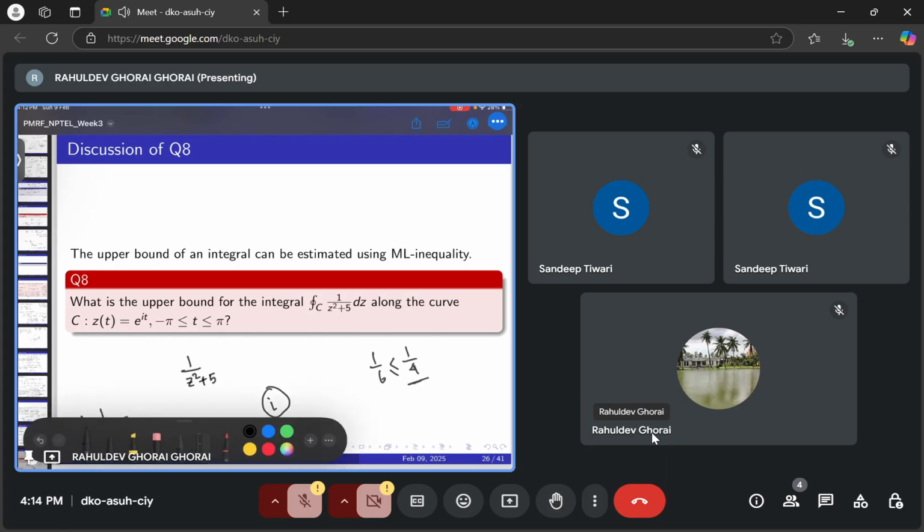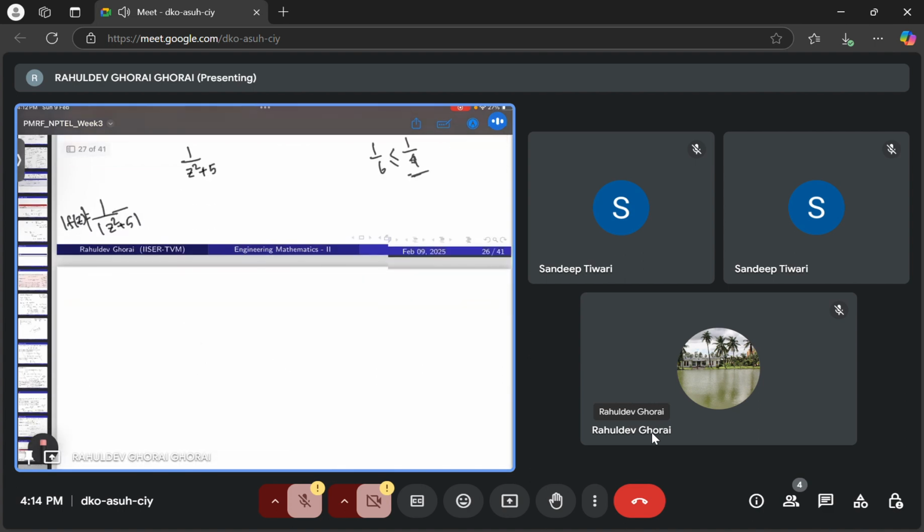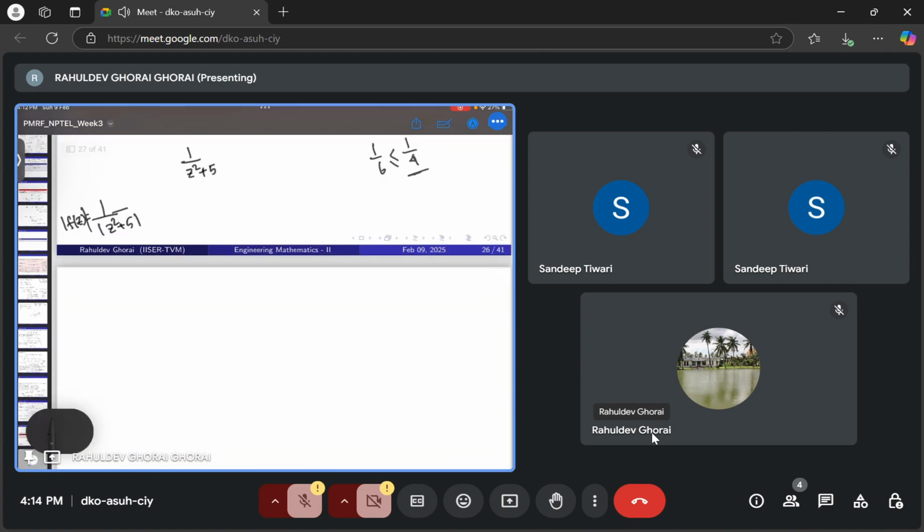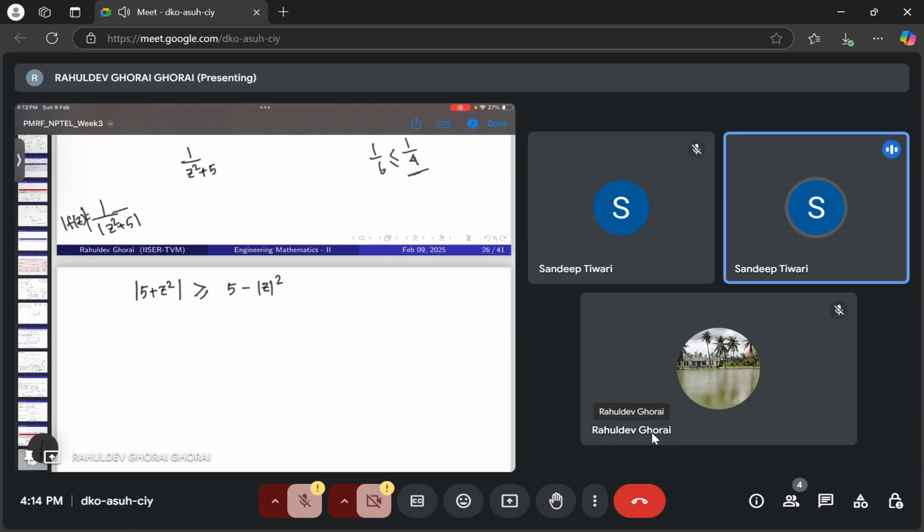When you have this 5 plus z square, this modulus will be greater than or equal to 5 minus z square, right? Yes, sir.